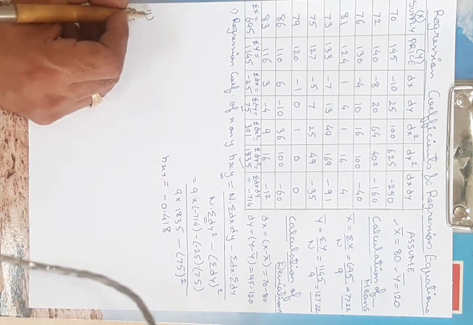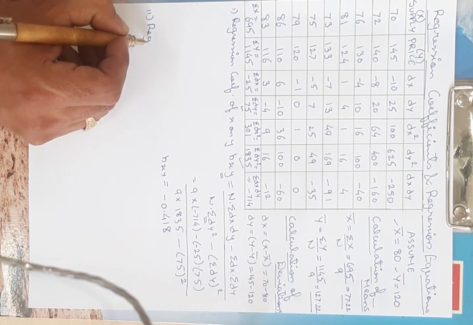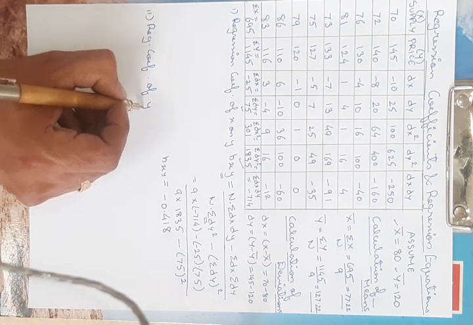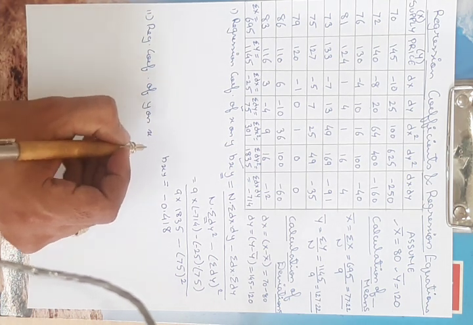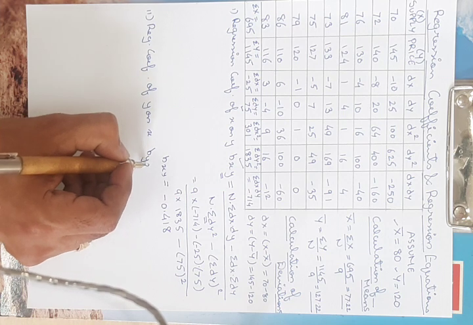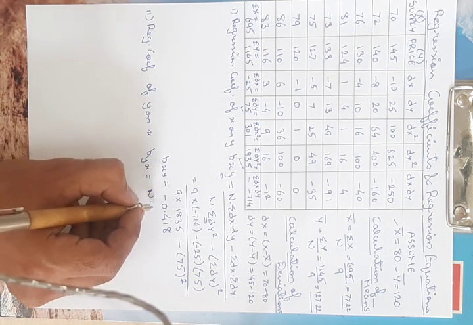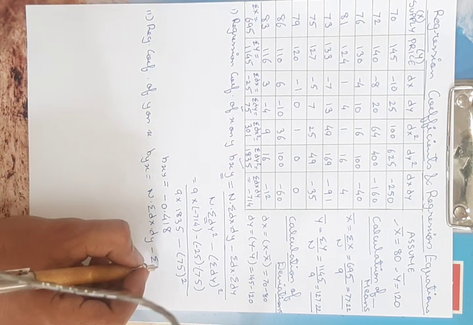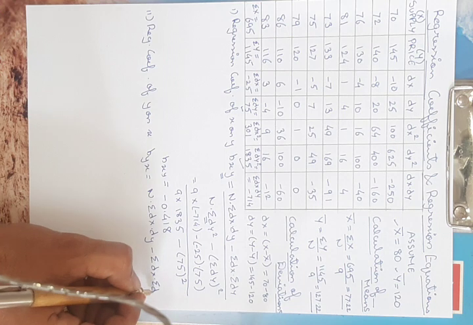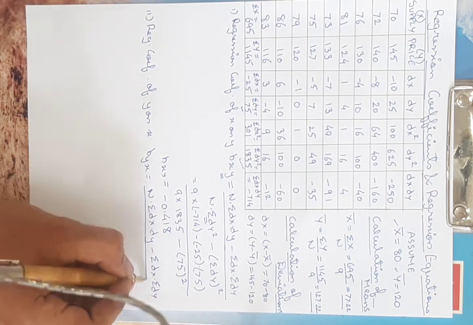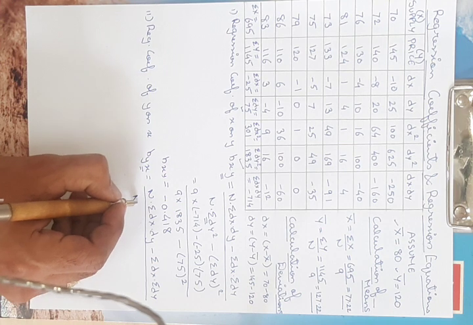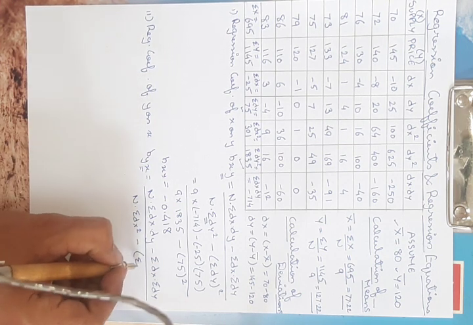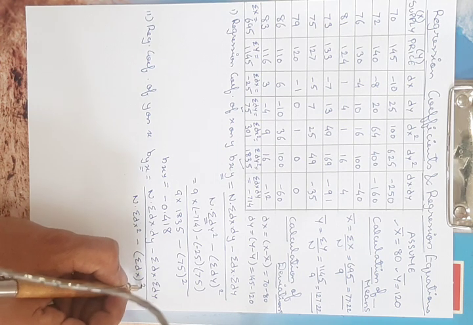Similarly, number 2, we are going to find out the regression coefficient of y on x, that is byx. The formula is the same in the numerator: n into summation of dx dy minus summation of dx into summation of dy using the shortcut method, divided by n into summation of dx square minus bracket summation of dx bracket square.